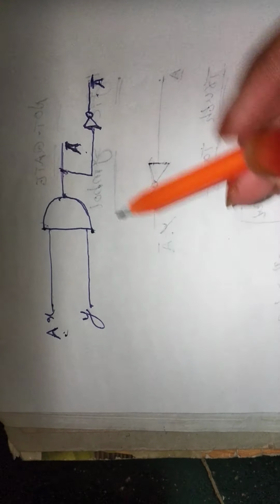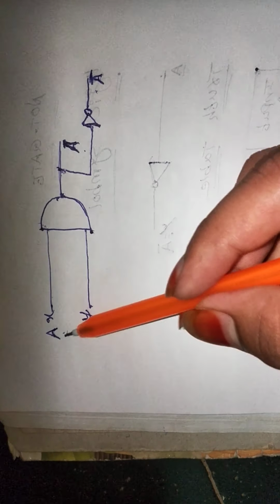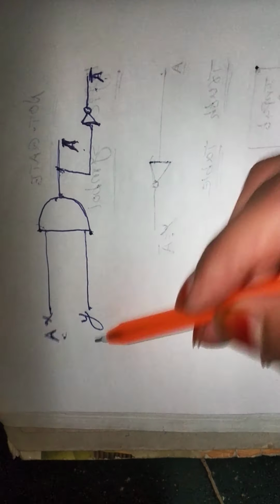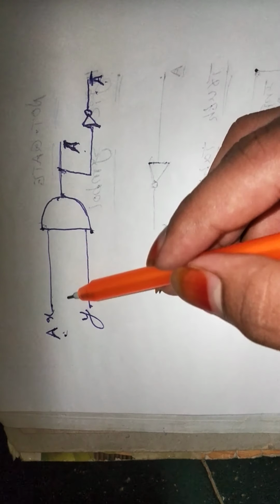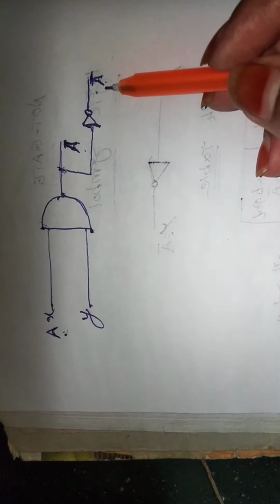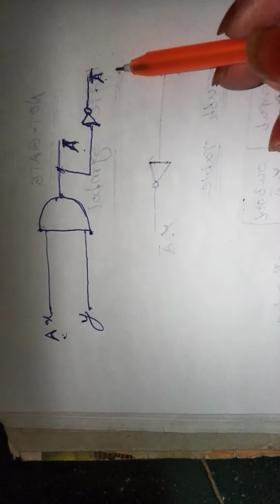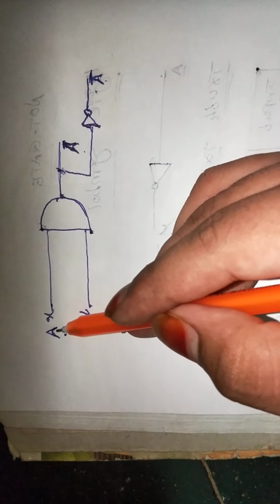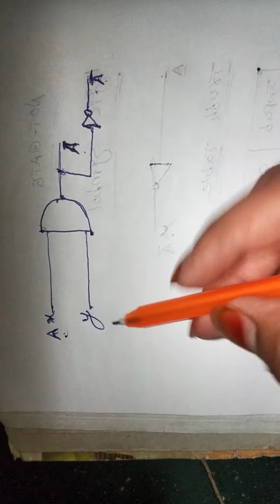For example, in any sum where we want A bar, we use the NOT gate symbol to transfer A into A bar. Any example?